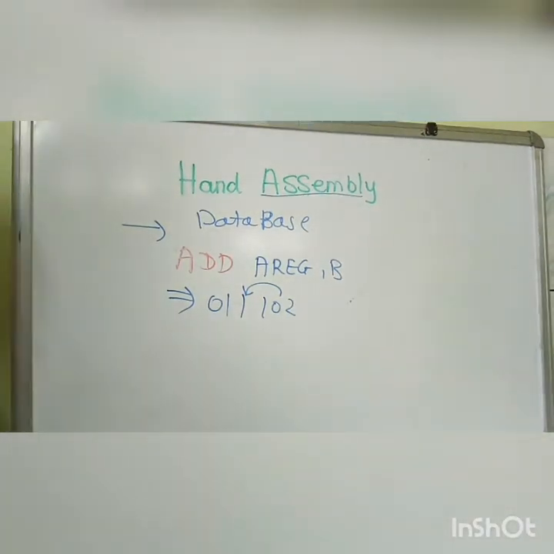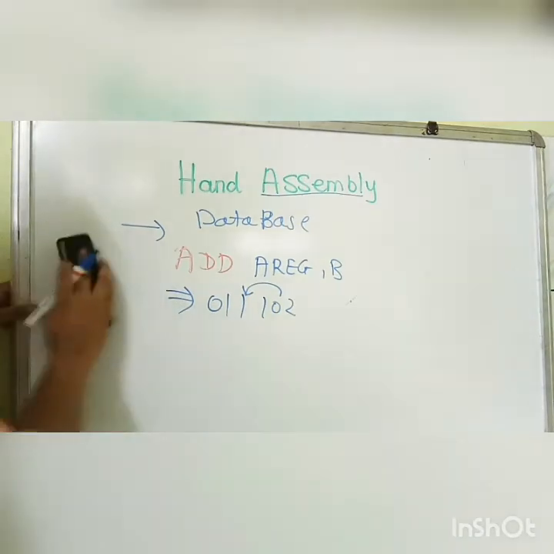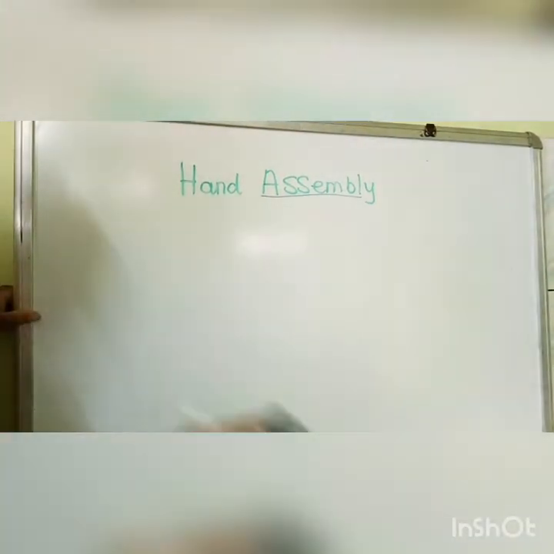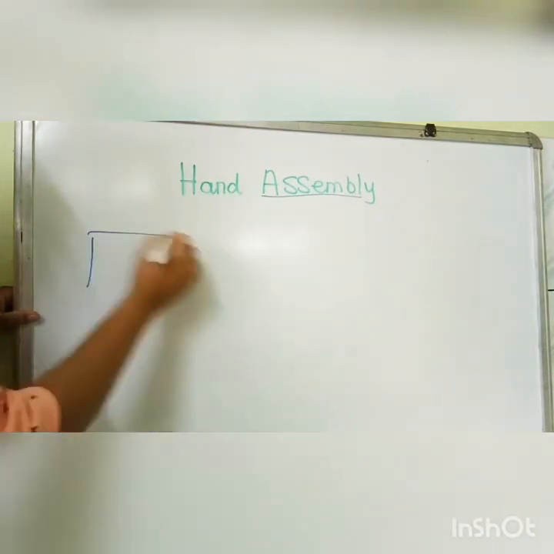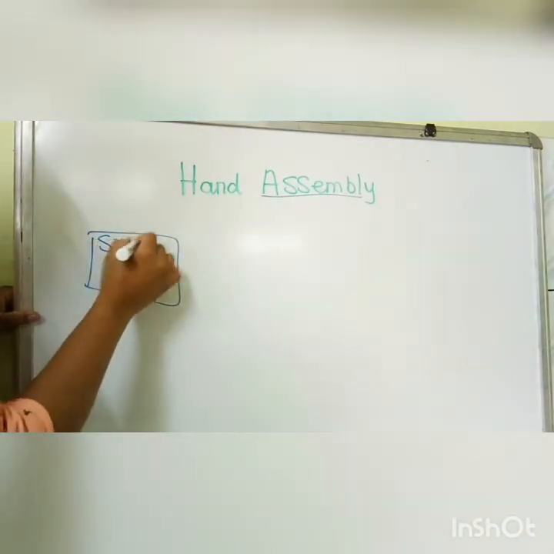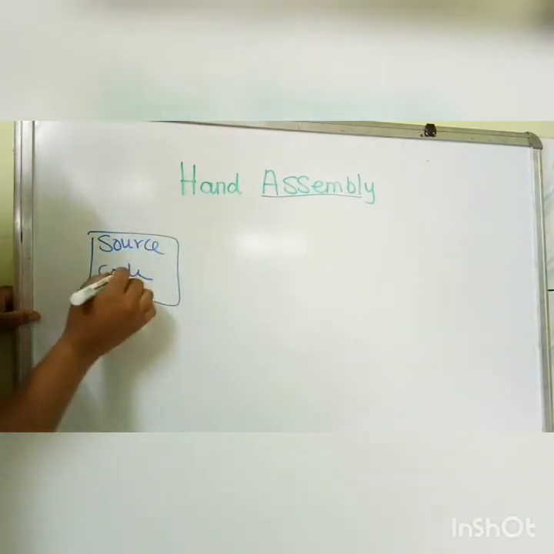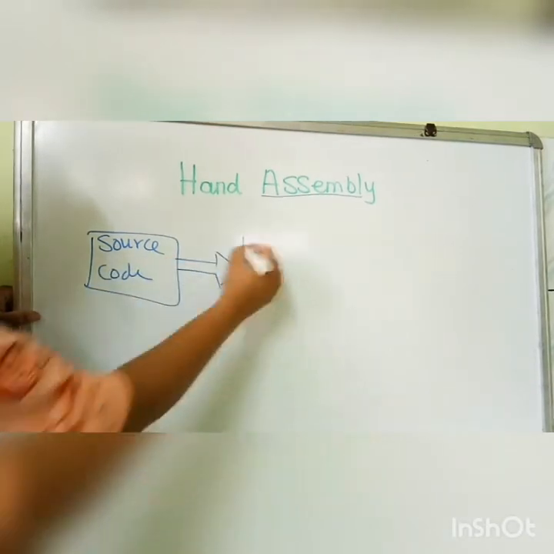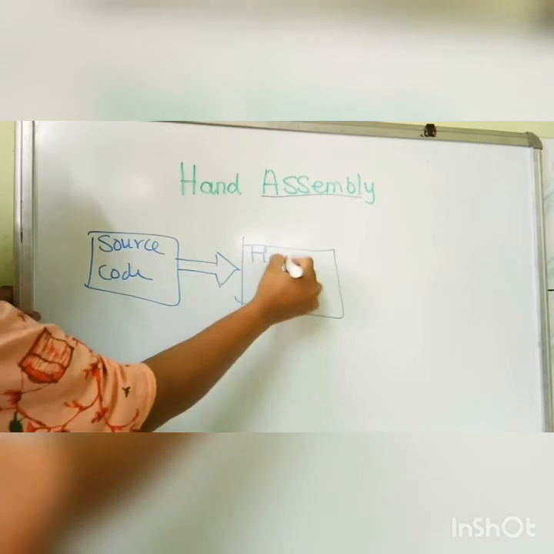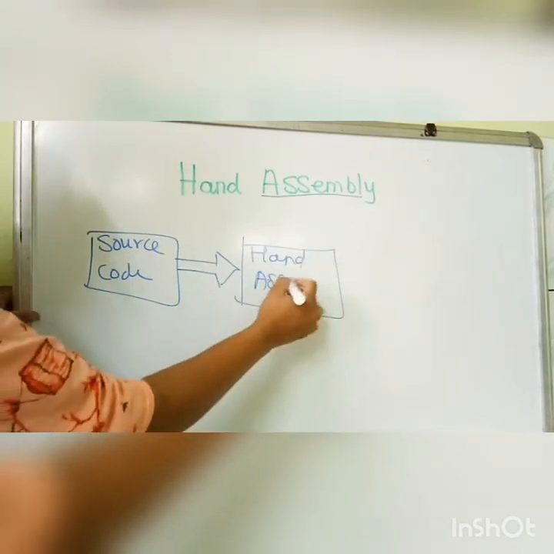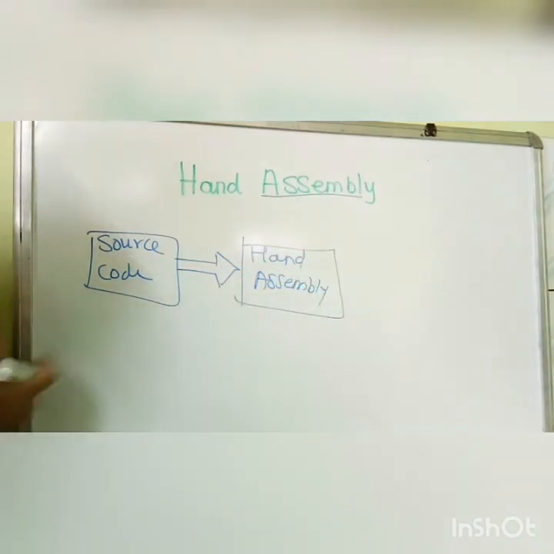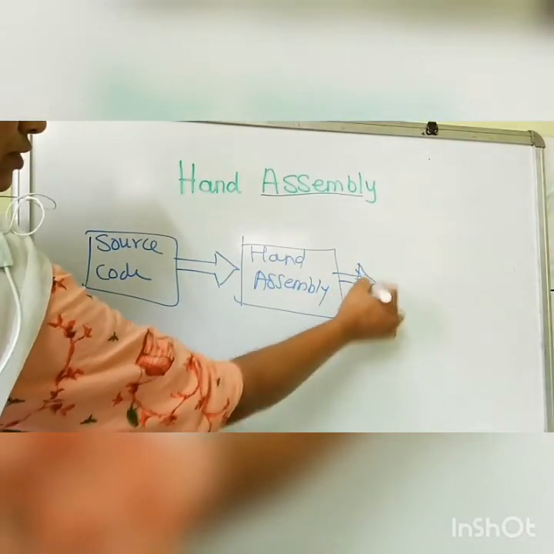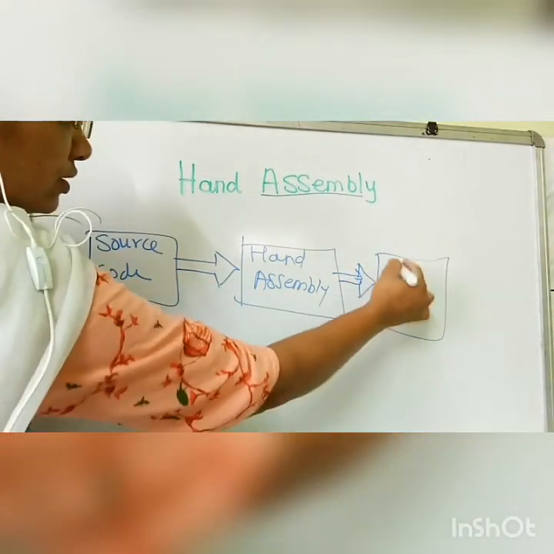Now, what are the different steps? First of all we consider the source code, then we transfer it through hand assembly. There is a procedure, then it gives us the object code.